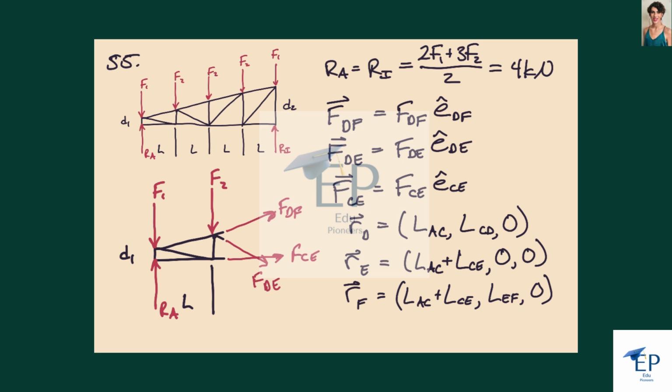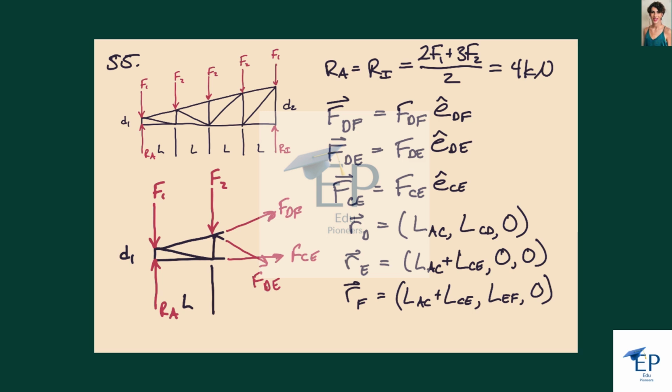Now, how we can find these unit vectors is we can write vectors to the positions at the ends of each of these members. The position vector to D, which is this point here, is LAC, this length, plus LCD, that length.